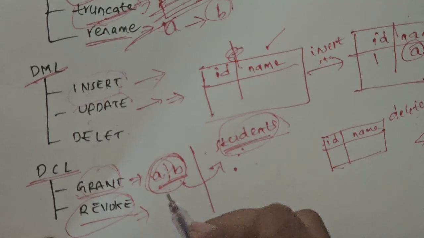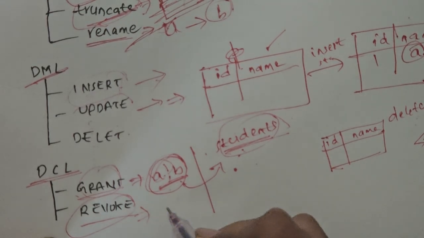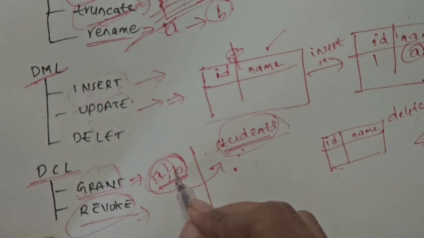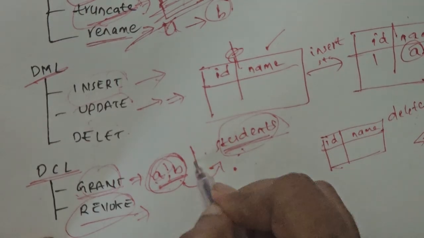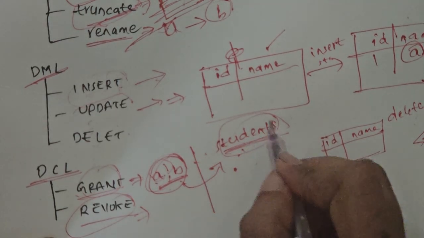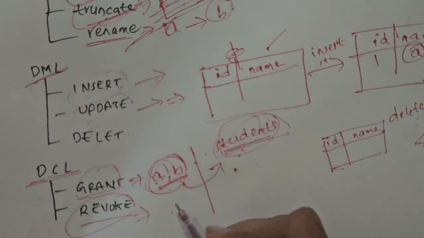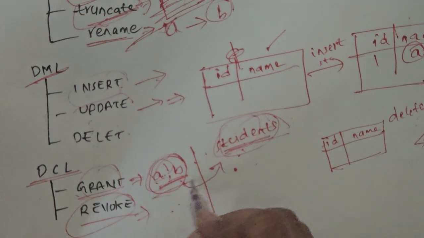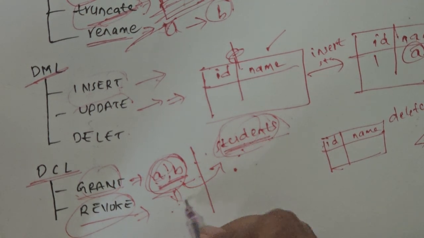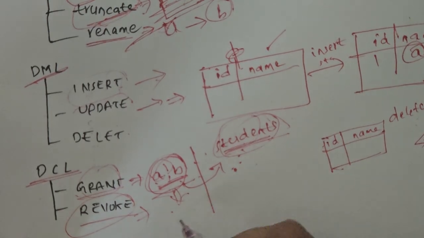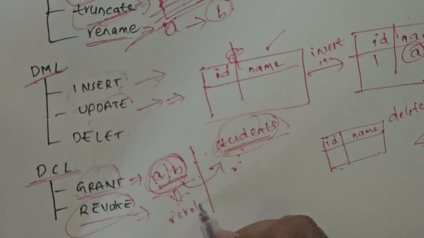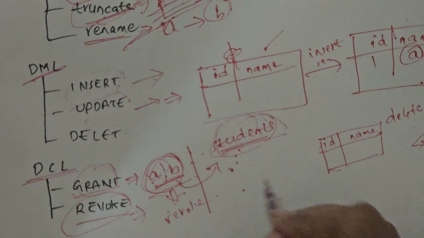This revoke command is mainly used if, for example, we have granted access to A and B for this particular table students. Then after some time, if you decided to revoke that permission, and A and B users no longer want to access this particular table, then you can use this revoke command to revoke the permissions.